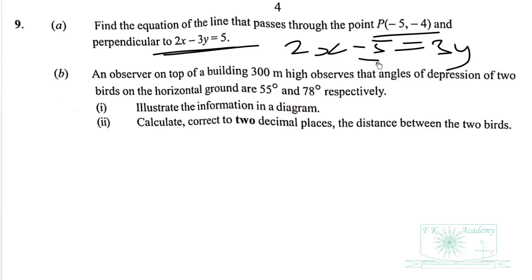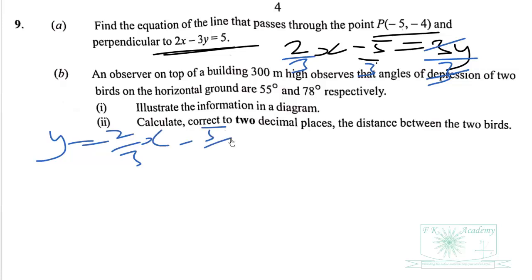So if I divide through by 3, you realize that I will get y equal to 2 over 3 x minus 5 over 3. Compare it to y equals mx plus c, you get m to be equal to 2 over 3. So the gradient of this line here is 2 over 3.